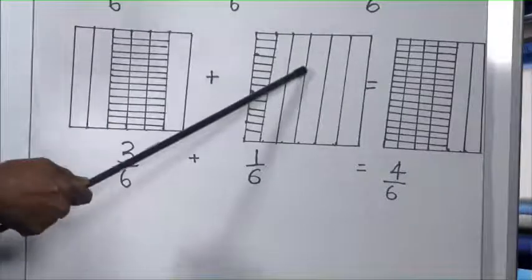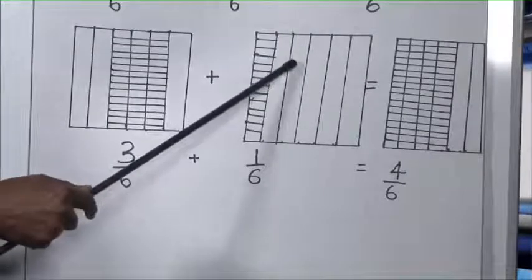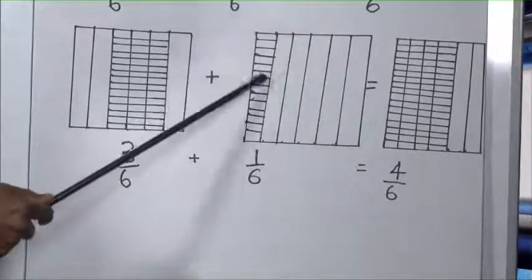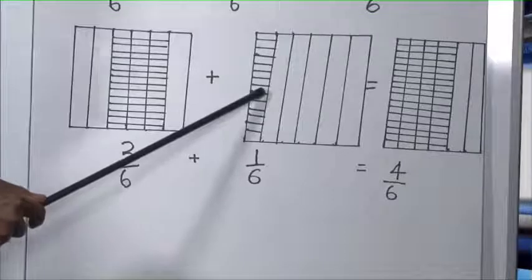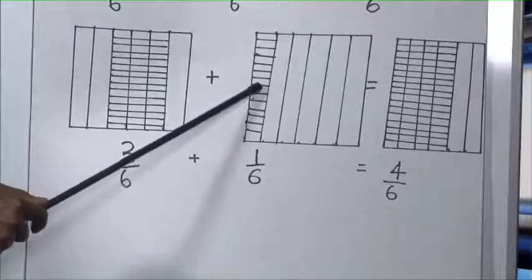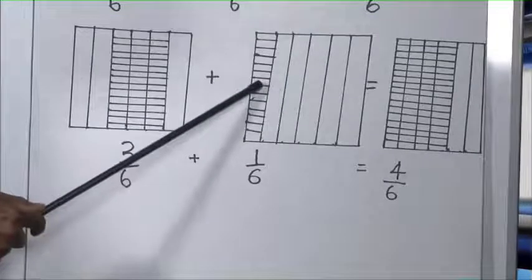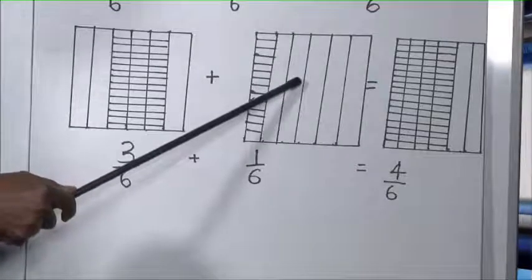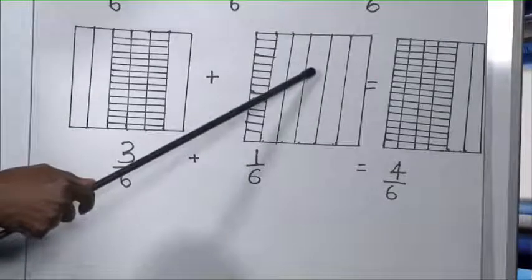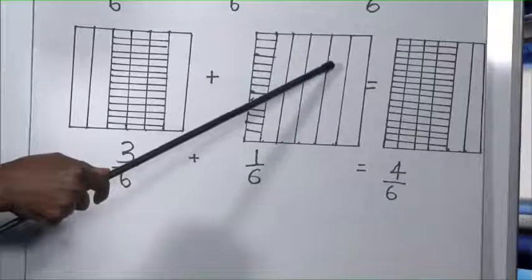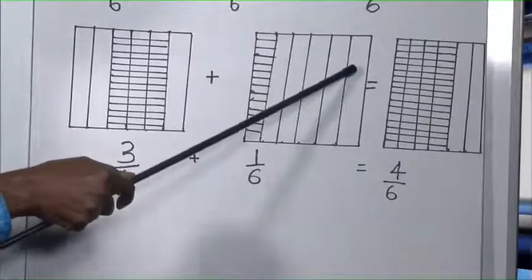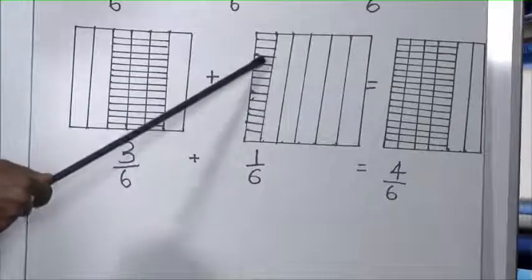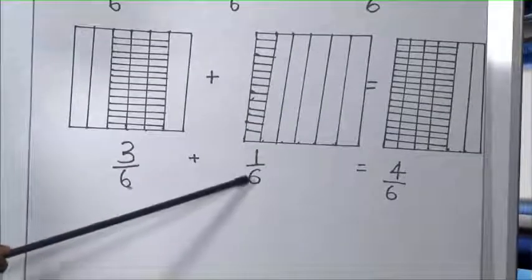Let us look at another rectangle. How many parts do we have in it? 1, 2, 3, 4, 5, 6. And what fraction has been shaded? 1/6. Say it.